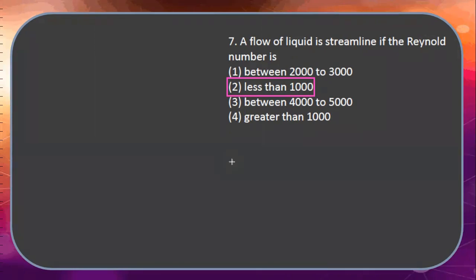If the Reynolds number is greater than 2000, from 2000 to 3000, that is called turbulent flow. If the Reynolds number is less than 1000, we'll say that it is a streamline flow.